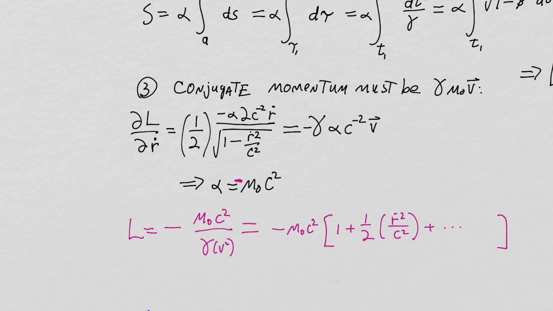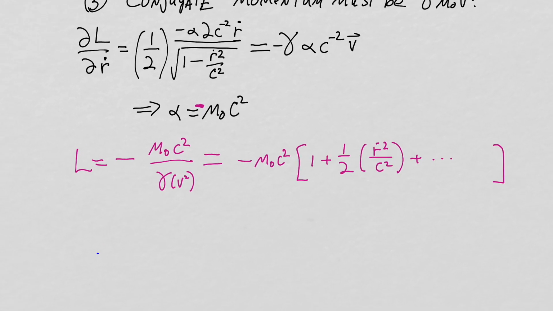And so this is the Lagrangian, and then if you blow the Lagrangian up by just Taylor expansion, you're basically Taylor expanding 1 minus v squared over c squared. You end up with minus m0 c squared times 1 plus 1/2 minus m0 c squared v squared, and the c squareds cancel, and you get minus 1/2 m v squared, right?